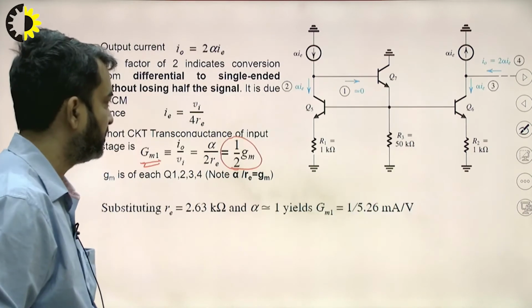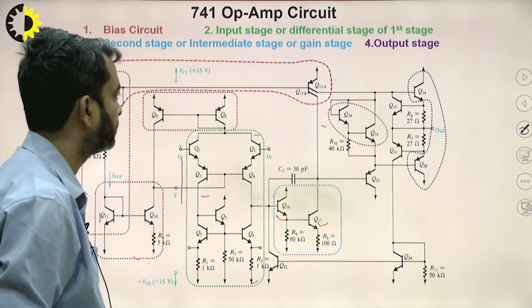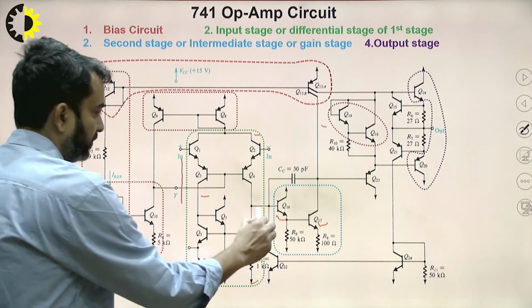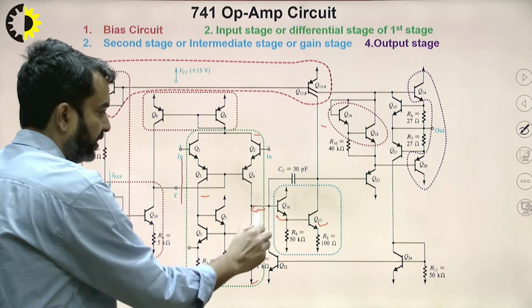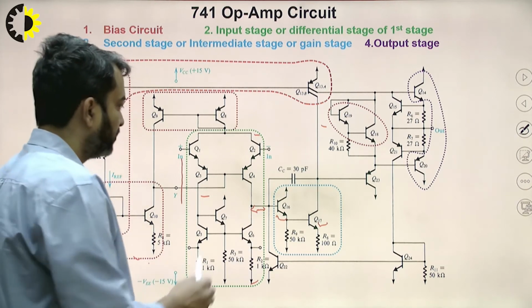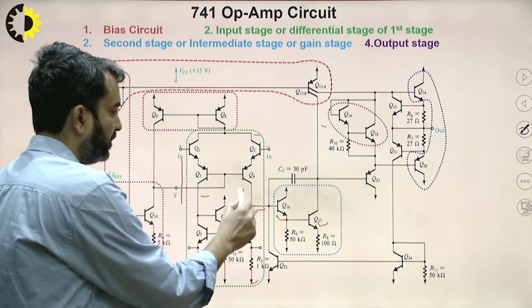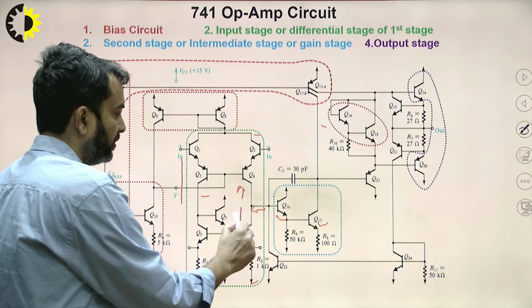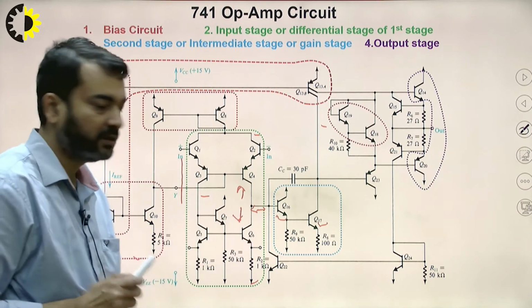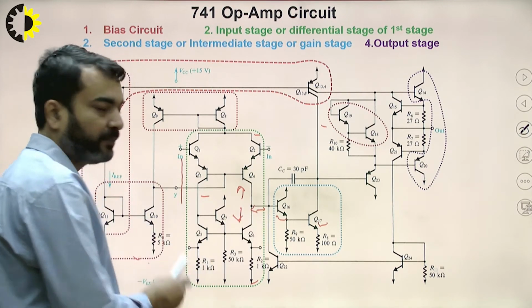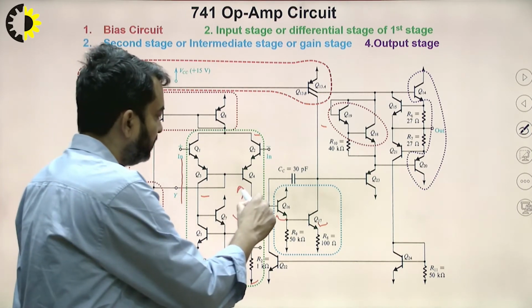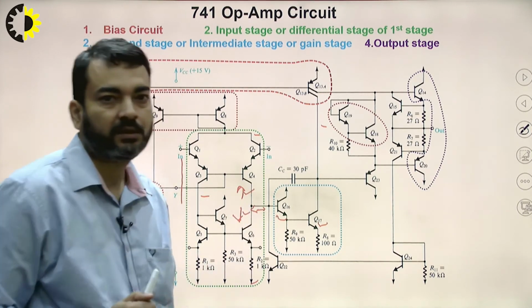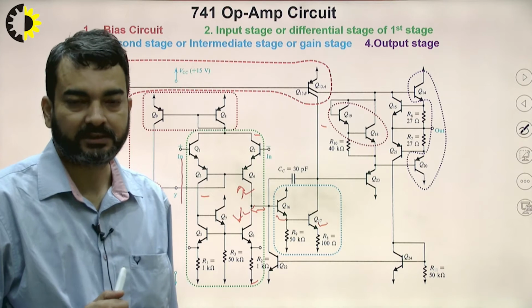So if we see, we have calculated the output impedance if we are looking in this way. So we will have two branches, one is this branch, one is this branch. So the output impedance will be the parallel combination of these two branch resistances or impedances.